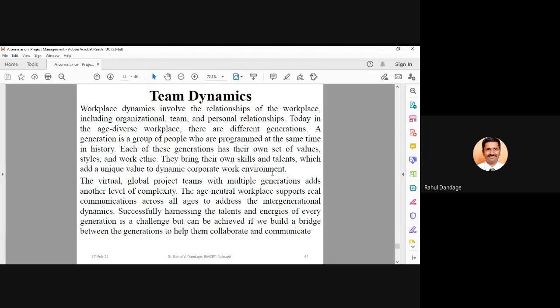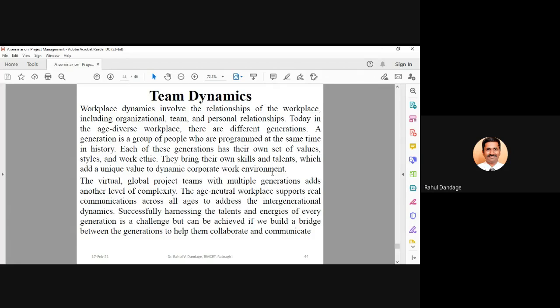Successfully harnessing the talents and energies of every generation is a challenge, but it can be achieved if we build a bridge between the generations to help them collaborate and communicate. That is how to reduce or dilute the generation gap.